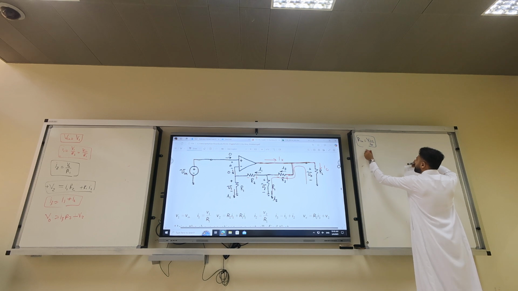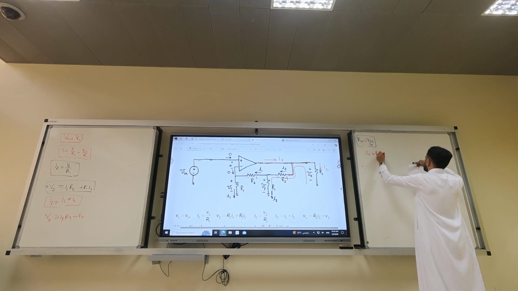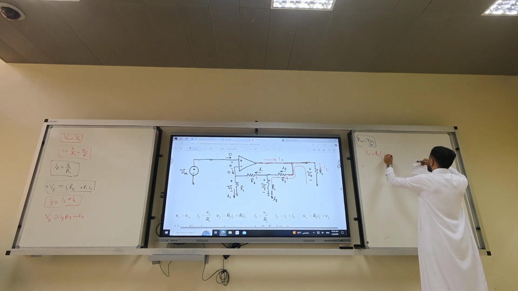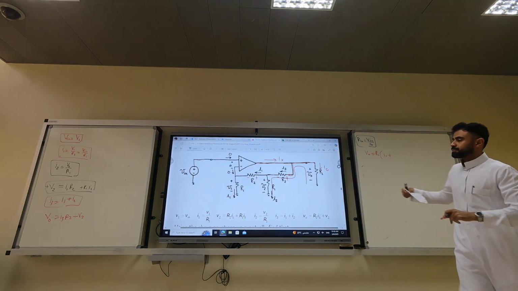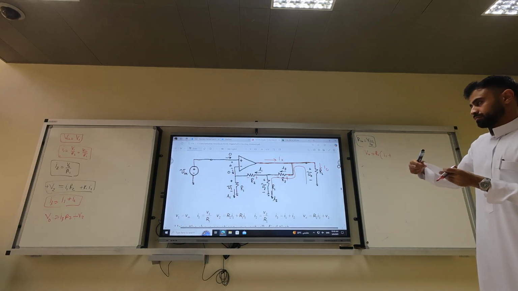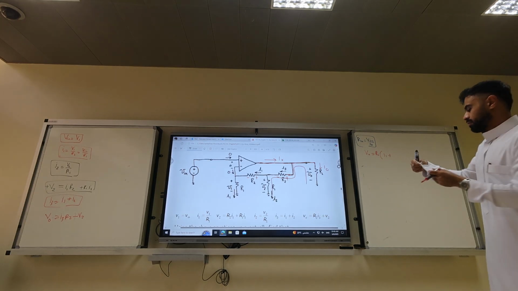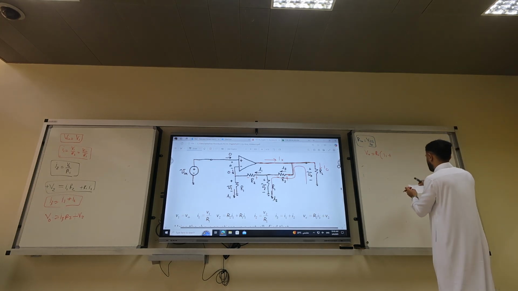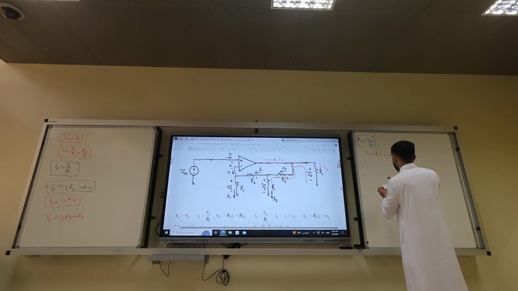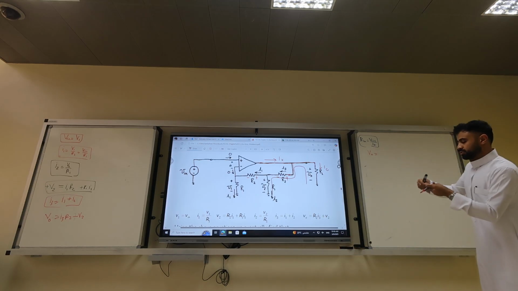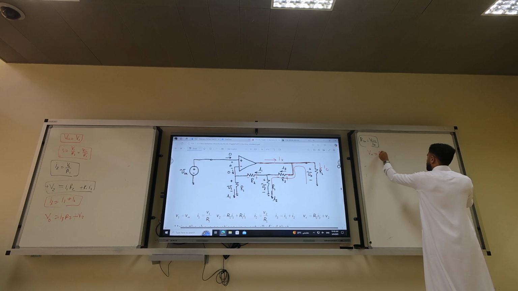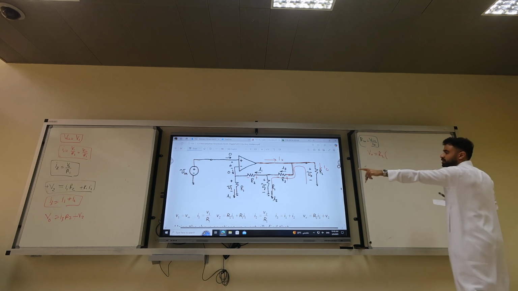So focus with me. V output equals R2 times I1 plus I2. It's I2 times I3, so it is R2 times I3. What is I3?